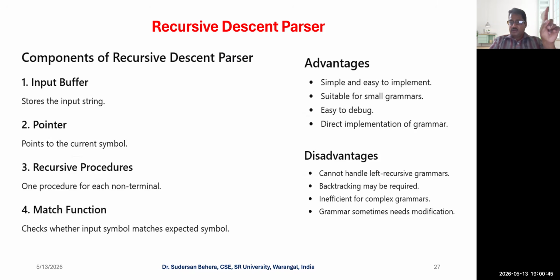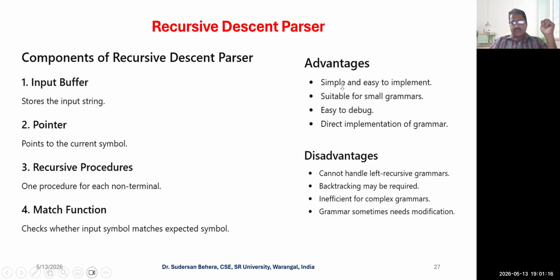If A matches, it proceeds; if B matches, it proceeds. If they do not match, suppose A is there but in the grammar the symbol is capital S, then S needs to be expanded: S as A S B, again A S B, and finally S is replaced with epsilon to get the target string.